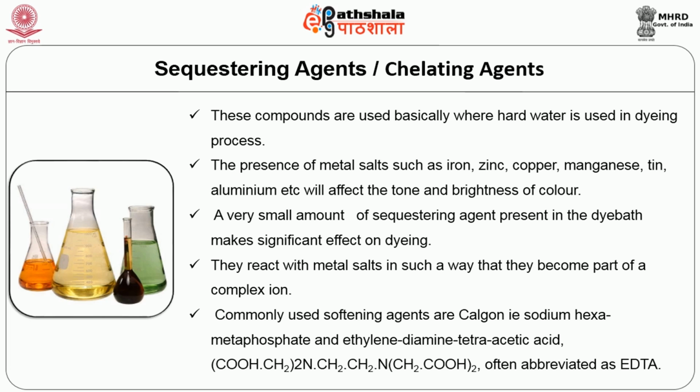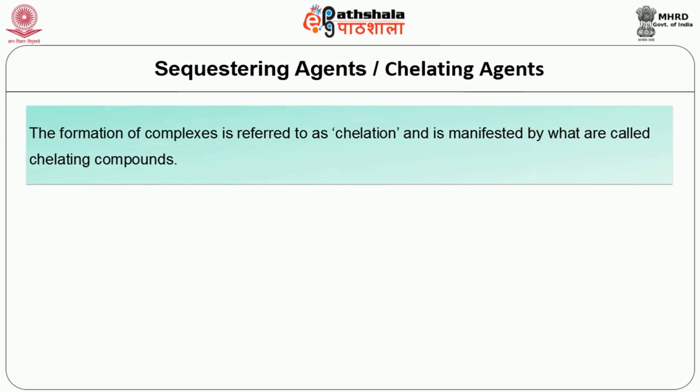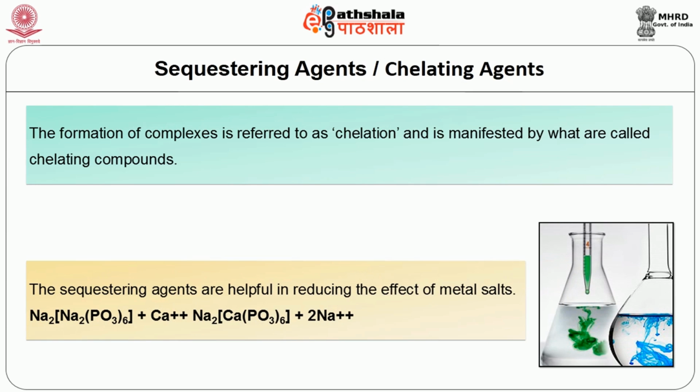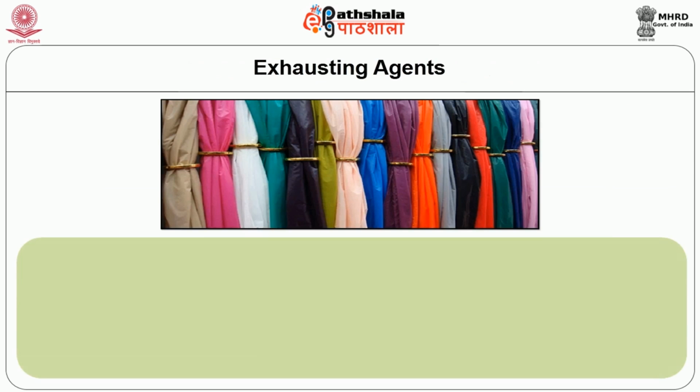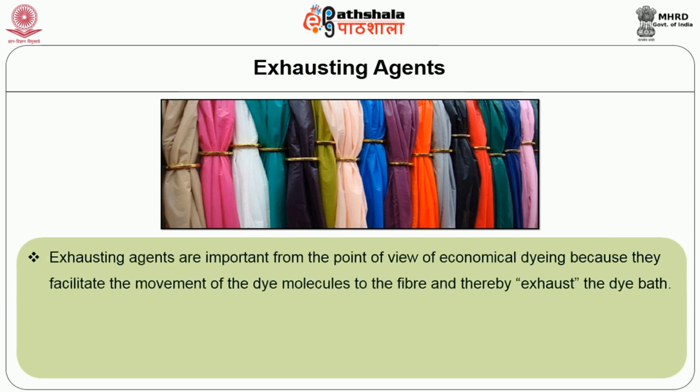Commonly used softening agents are calgon, that is sodium hexametaphosphate, and ethylene diamine tetraacetic acid, often abbreviated as EDTA. The formation of complexes is referred to as chelation and is manifested by what are called chelating compounds. The sequestering agents are helpful in reducing the effect of metal salts.